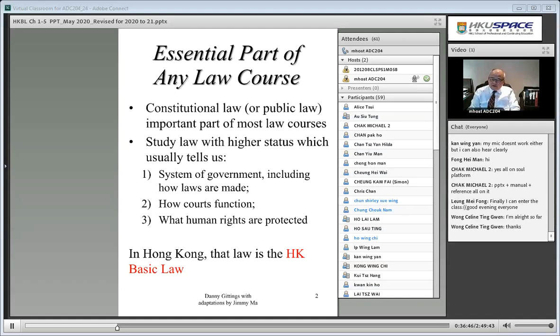How laws are made, when you go to Article 73, Article 74, Article 75, you will see in detail how the Legislative Council, as the legislature, is empowered, i.e. is given the power to make laws in Hong Kong in accordance with the Basic Law and legal procedures, which include rules of procedure made by the Legislative Council for the purpose of enacting laws.